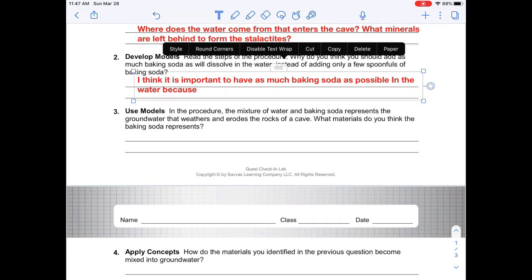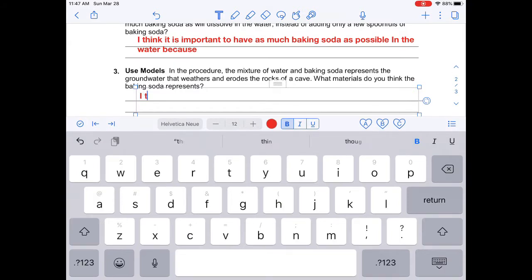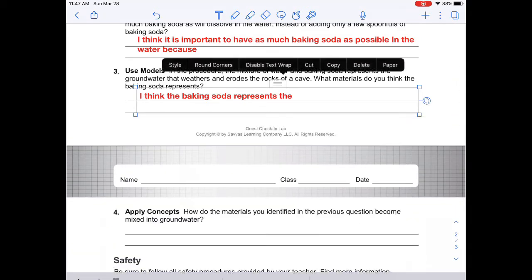And so it's saying in our experiment, what do you think the baking soda is going to represent? So is it going to represent the water? Is it going to represent the minerals that are left behind when the water evaporates? So I want you to write what you think. So I think the baking soda represents the, and you can finish the sentence.